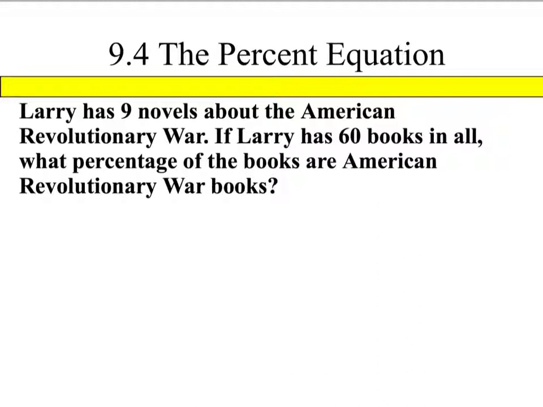On this, Larry has 9 novels about the American Revolutionary War. If there's 60 total books, remember when we talked about part over whole is equal to part over whole. So I'm going to do 9 books out of 60 total.